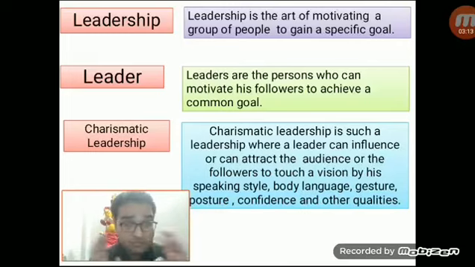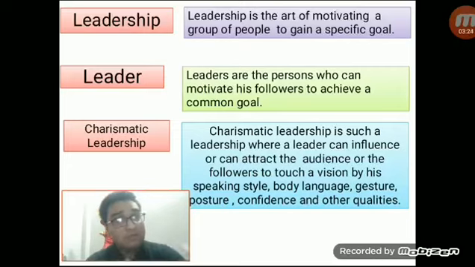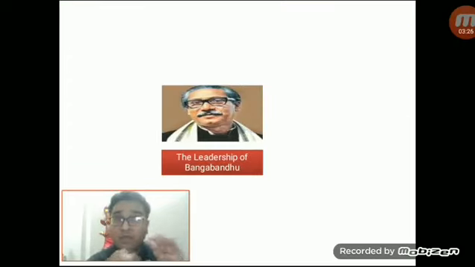So we have already learned what is leadership, who is called a leader, and what is charismatic leadership. Dear students, now I am going to discuss the leadership of Bangabandhu according to your textbook. All of these points I have taken from your textbook.